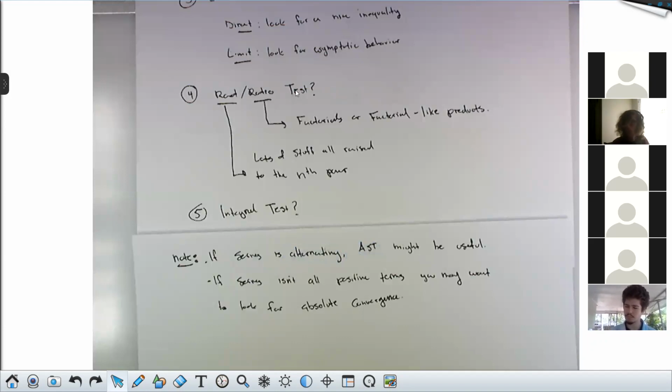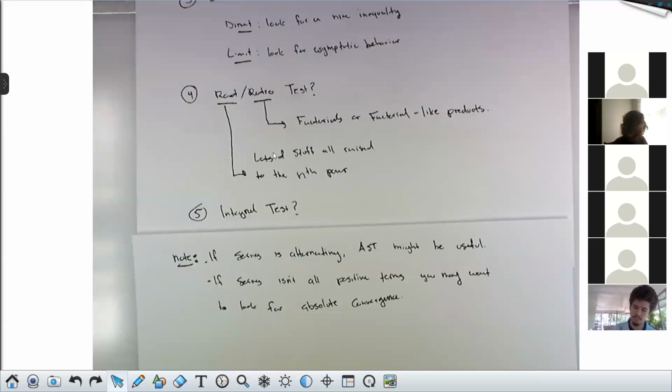But if you think the series could converge absolutely, then take absolute values, work with that instead, start back over at item 1. If the series doesn't have all positive terms but isn't alternating either, with some terms positive and some negative, that's another hint that you should maybe take absolute values inside the series and work with that instead.